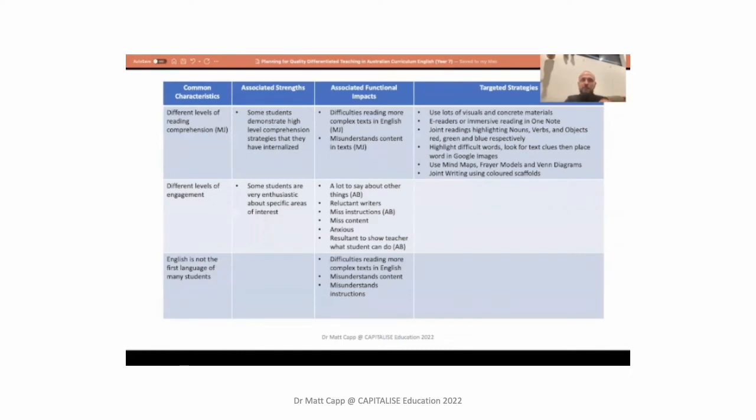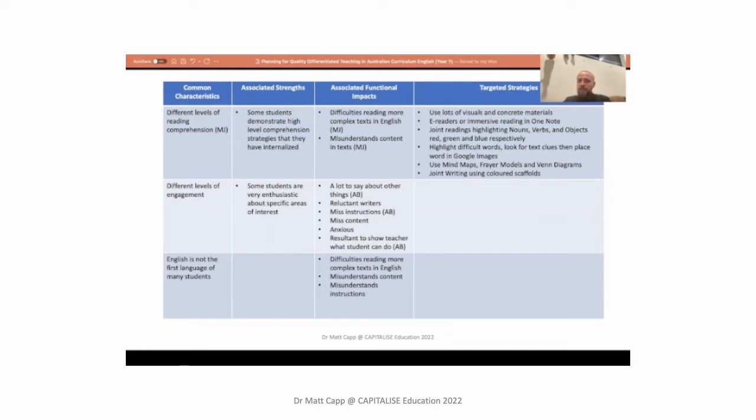So for students who have different levels of reading comprehension, and some students demonstrate really high levels of comprehension, and other students struggle with more complex texts and misunderstand the content in those texts, we could use lots of visuals and concrete materials. We could use e-readers or immersive reader in OneNote. We could do joint readings, highlighting nouns, verbs, and objects in different colors.